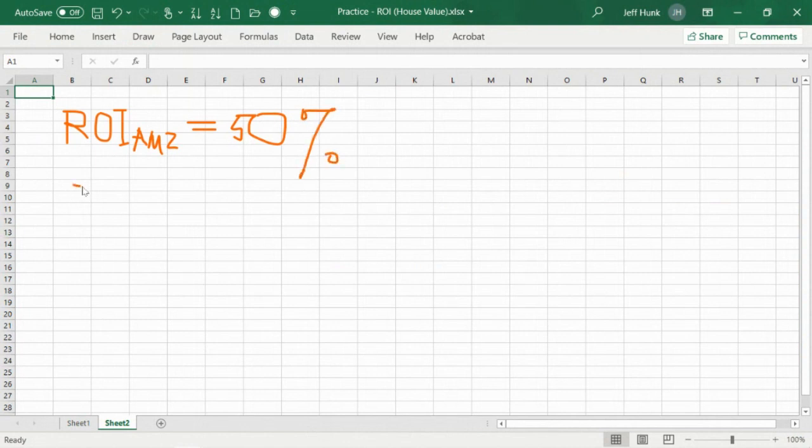And bank interest rate. All right, let me do this. Return on investment in the bank.